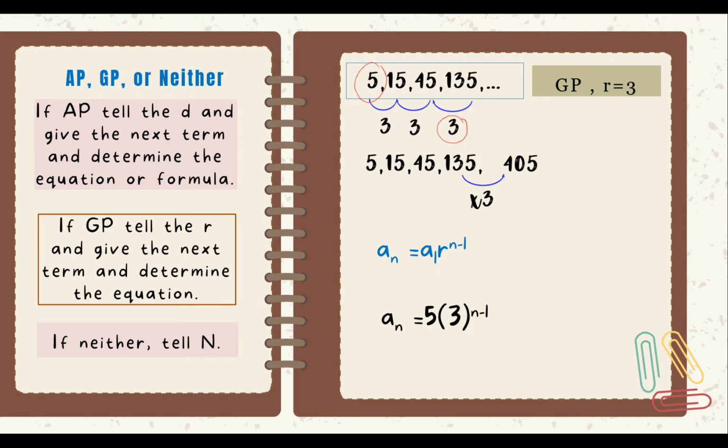Now take note that you cannot multiply 5 and 3, considering that 5 is a base raised to the exponent 1, and 3 is also a base with an exponent n minus 1. So two different bases cannot be combined together, leaving the formula to be a sub n is equal to 5 multiplied by 3 raised to the n minus 1.